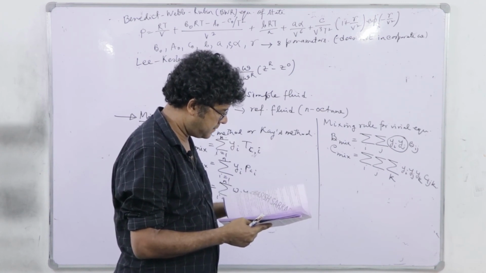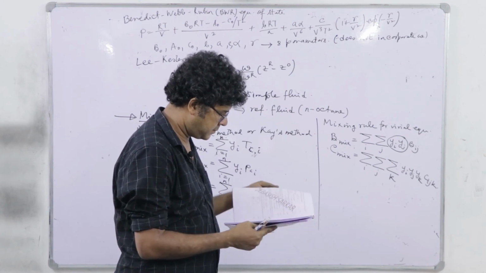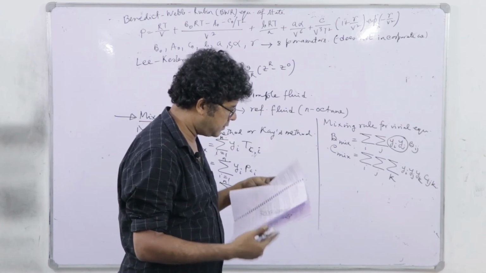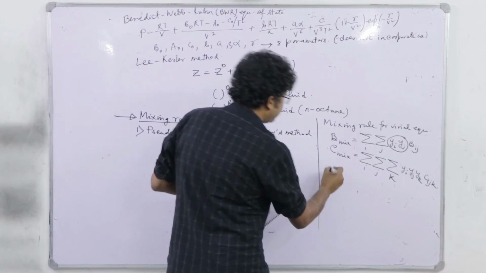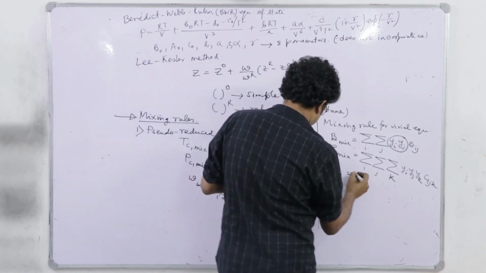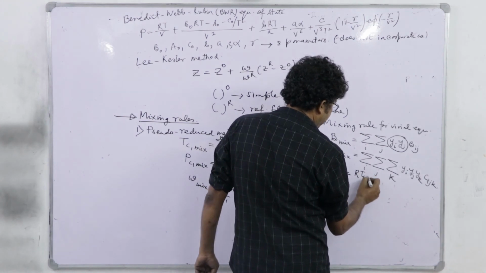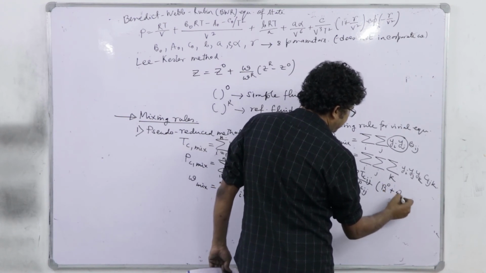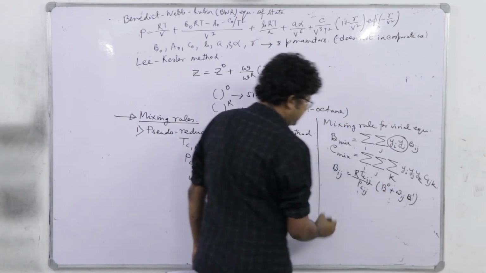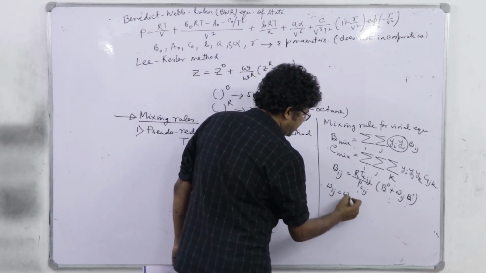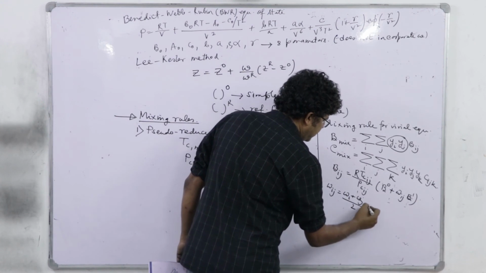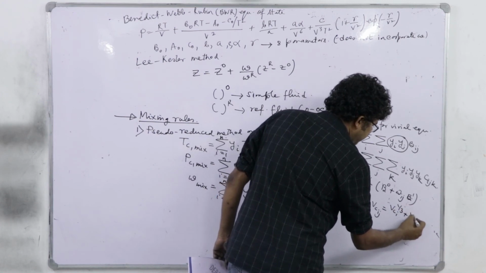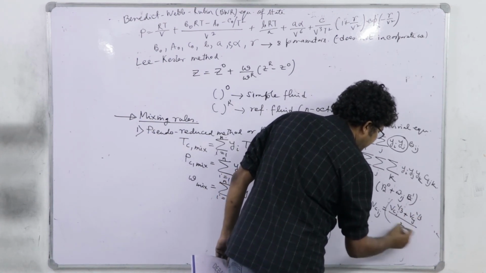Bij is R Tcij divided by Pcij into B0 plus omega ij B1. So, omega ij was equal to (omega i plus omega j) by 2, Vcij is equal to (Vci to the power 1/3 plus Vcj to the power 1/3) divided by 2, whole cube.